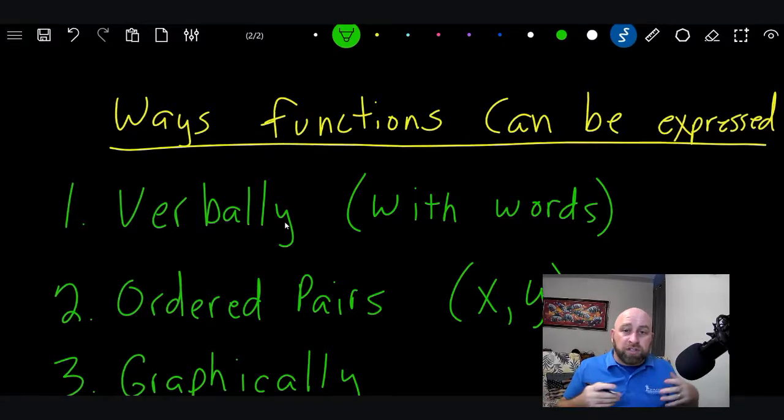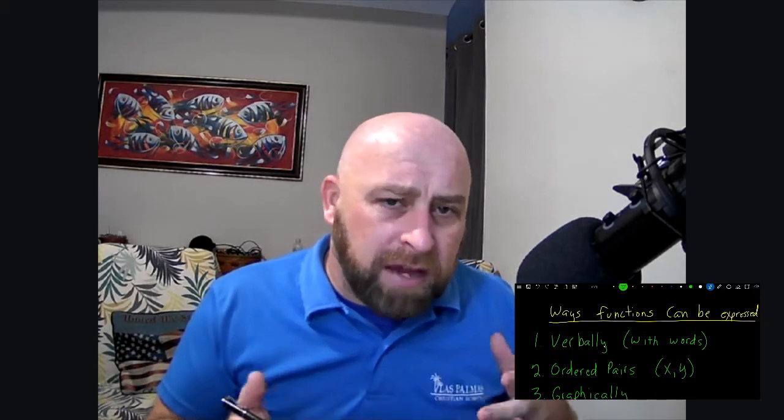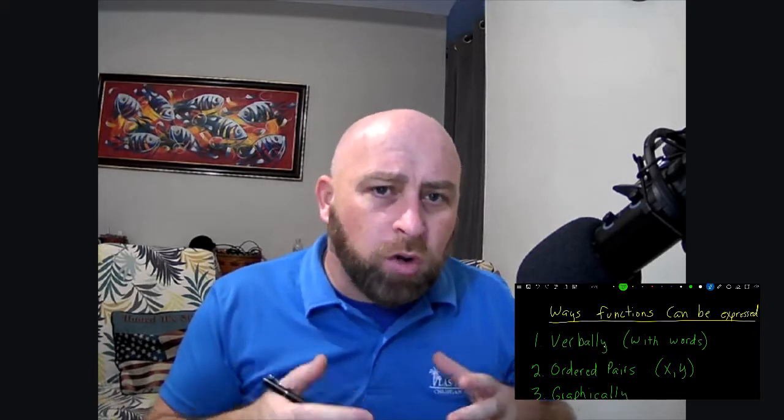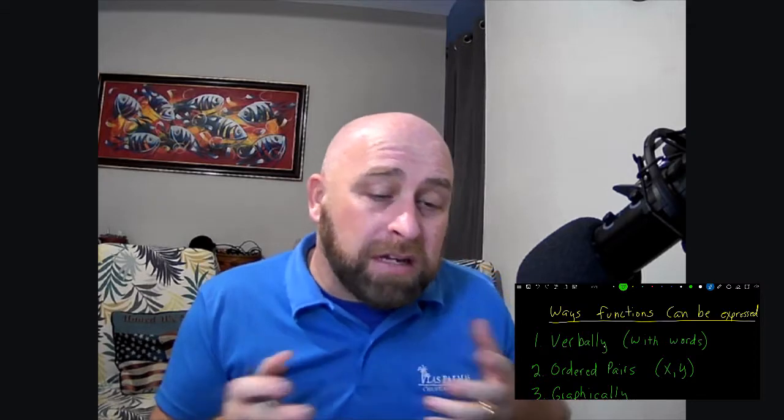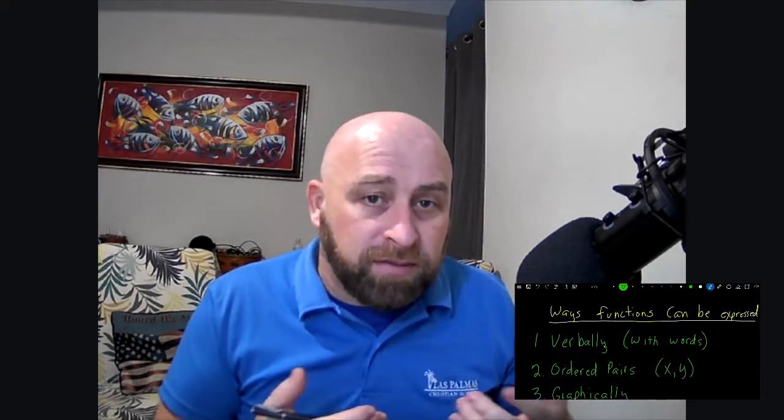Sometimes somebody would just say something to you that is a function. They don't maybe even know that it's a function. They're saying, well, if Bob works at the factory and if Bob works for 5 hours, he makes 20 t-shirts. Well, that's a function. We can plug in things and they don't even know they're telling you a function, but they are. And so functions can be expressed verbally or with words.